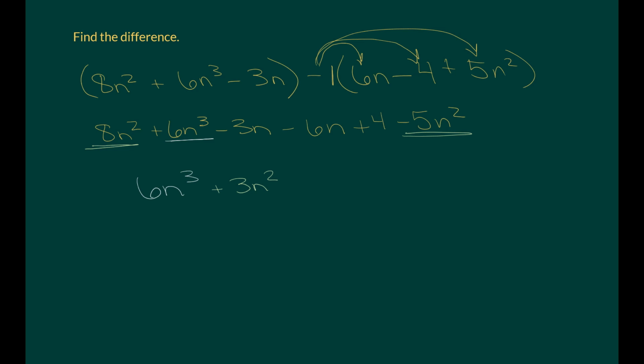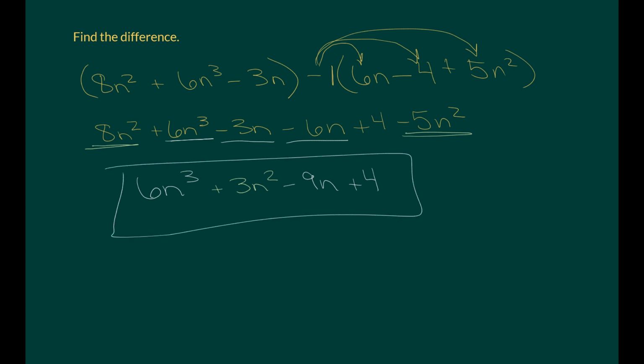So 8n squared minus 5n squared is 3n squared. So that's what I would get there. And then I have negative 3n minus 6n. So I get negative 9n, and then the only thing left is that 4. So this would be my answer. And again, it doesn't ask, but if it did, my degree would be 3 because it's my highest exponent, and my leading coefficient would be the 6.